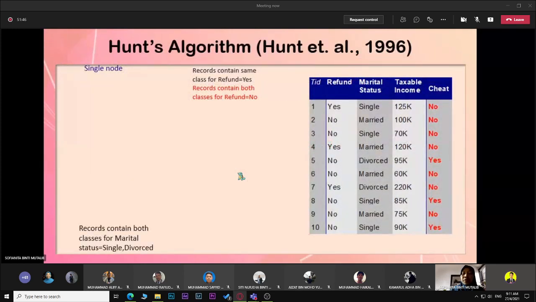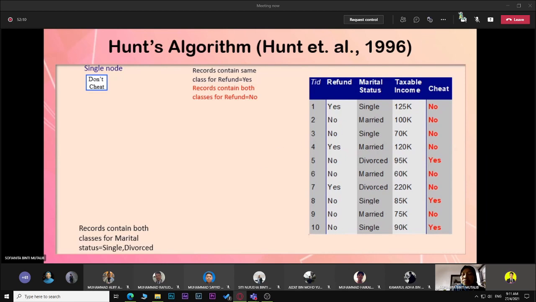Given this data set, imagine that all belong to the class cheat equal to no. Imagine the initial value is that all belong to cheat no. Is it true in the data set?